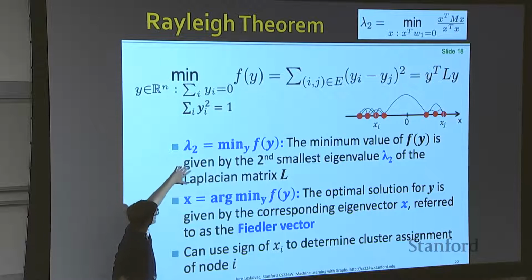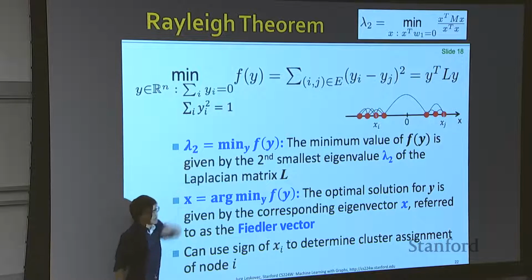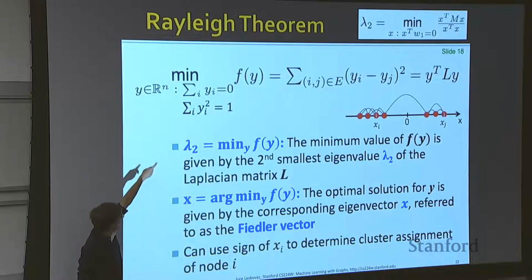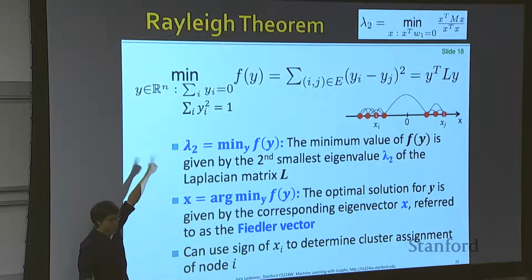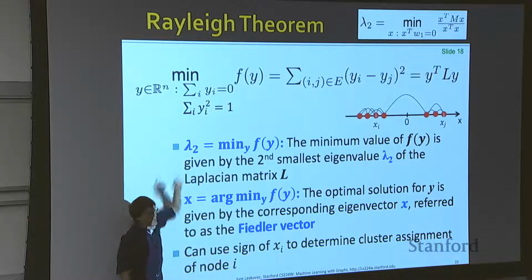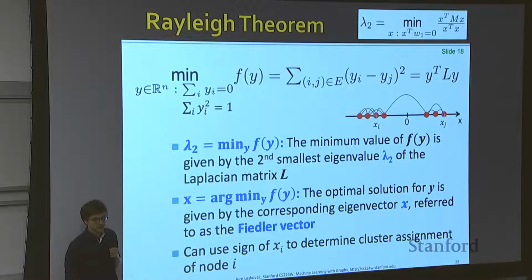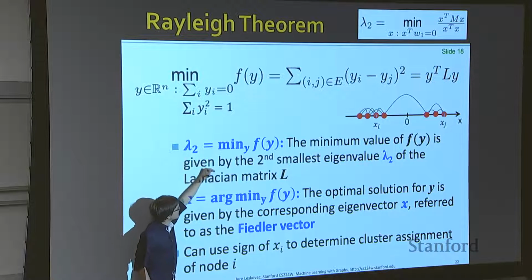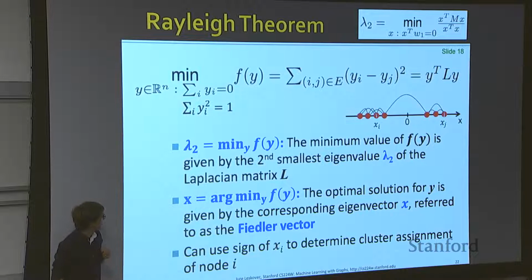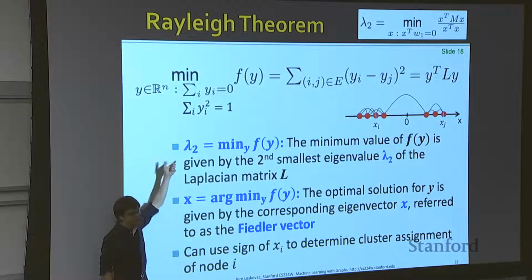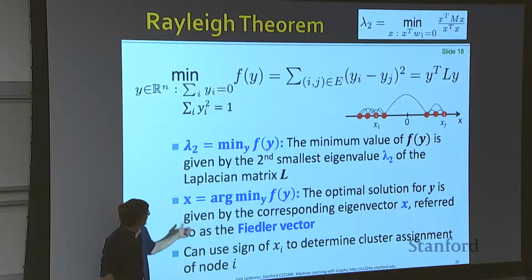So this says that the solution to the following optimization problem, where now we allow y to take real values, but its components have to sum to 0 and the squares of its components have to sum to 1, is that lambda 2 is the value of the optimization problem.